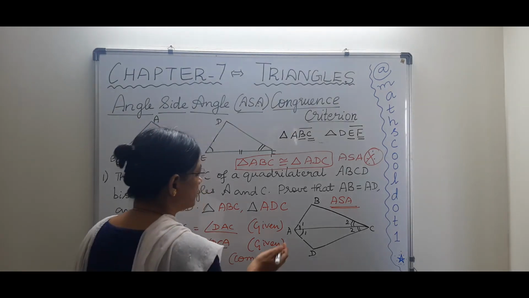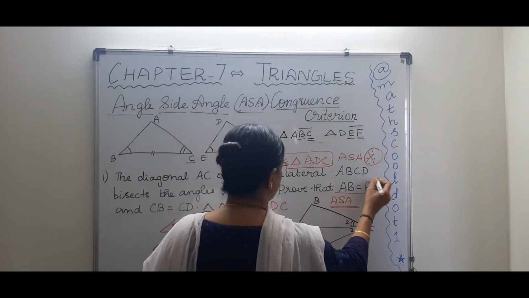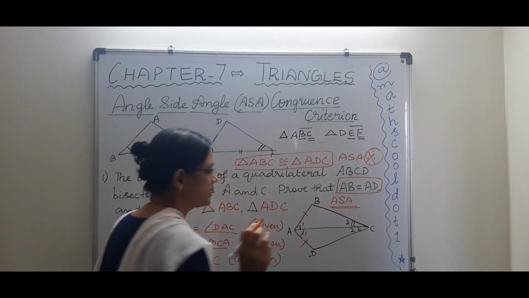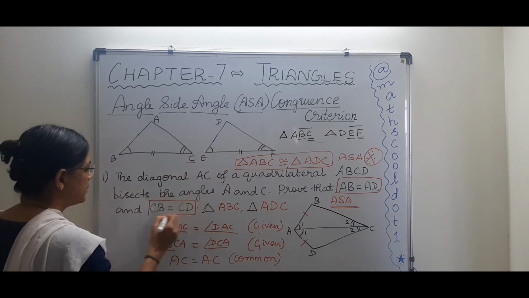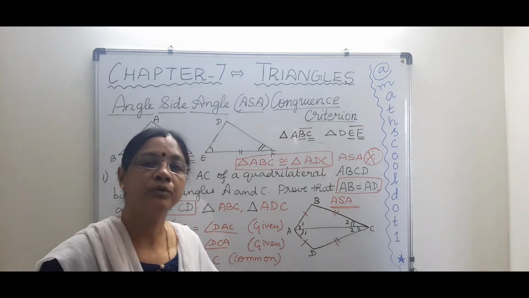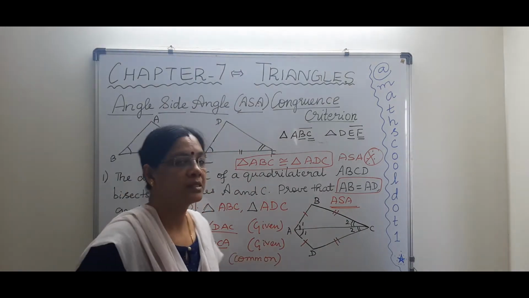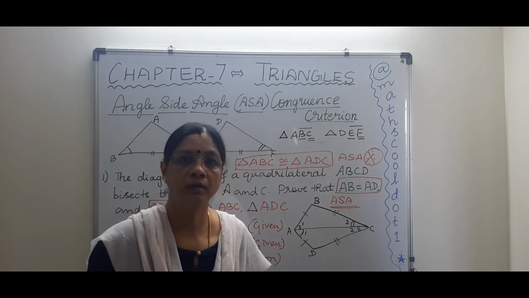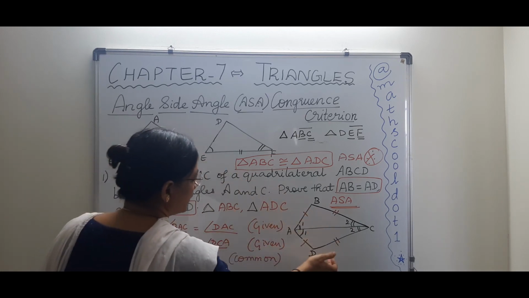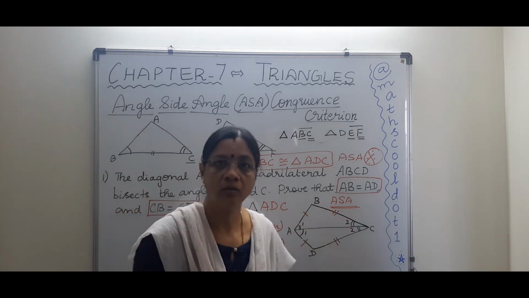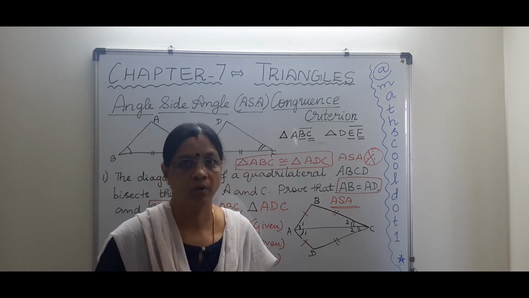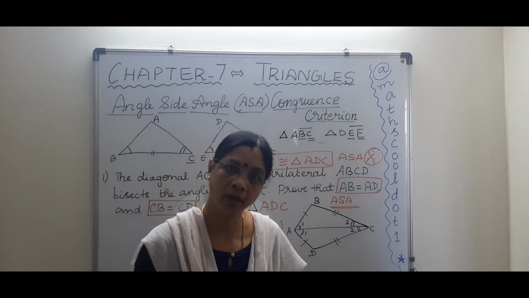So from that, we say that AB is equal to AD, these two sides are equal, and CB is equal to CD, because both the triangles are congruent according to the ASA criterion. Do you understand? So that is how we prove that the corresponding sides are equal. When you prove the two triangles are congruent, we can prove the corresponding parts of the congruent triangles are also equal. Now do you understand?